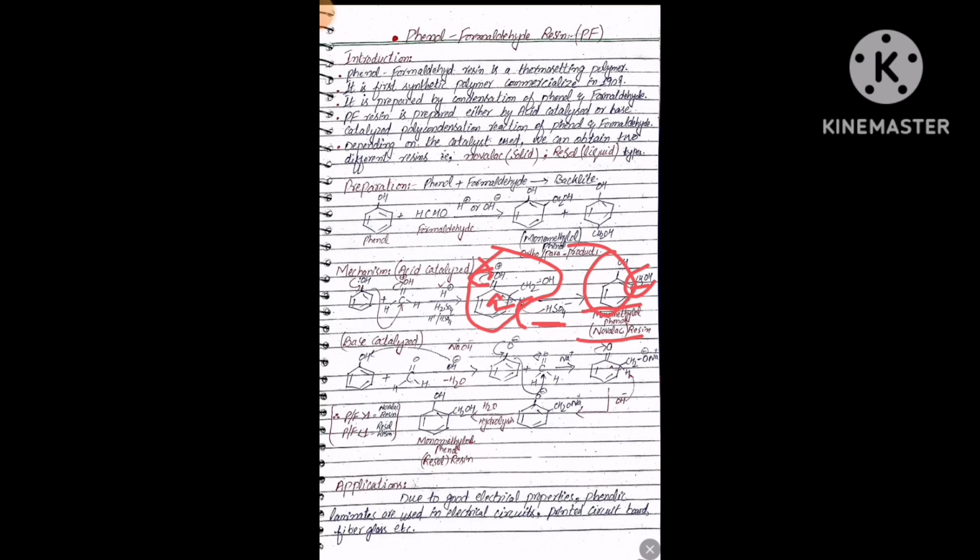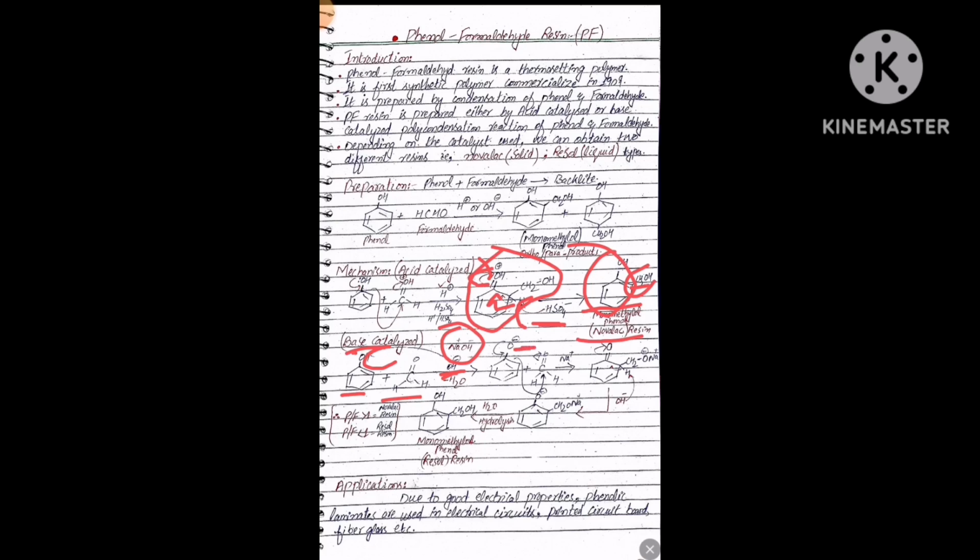Now in terms of base catalyzed, here is the phenol, again here is formaldehyde. Now we will take a base or alkali, sodium hydroxide, where the OH part from sodium hydroxide acts as a base. This OH negative will grab this proton from the phenolic group. When this hydrogen is liberated, a negative charge will appear on this oxygen.